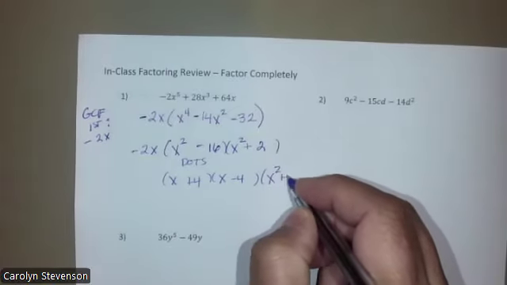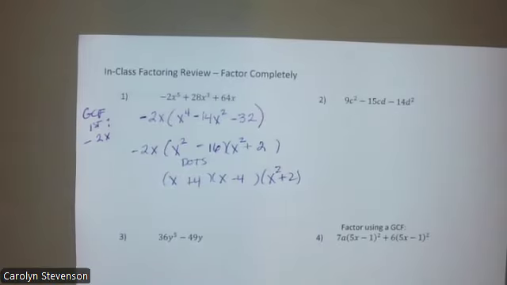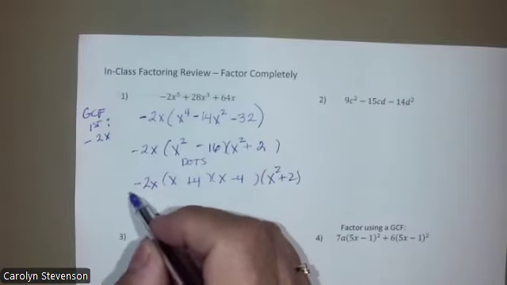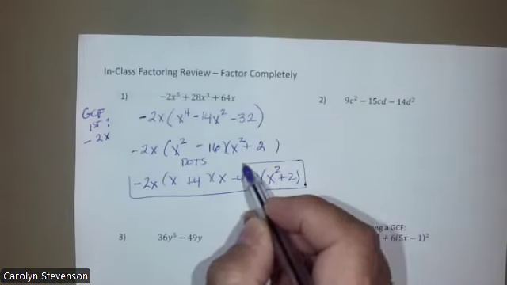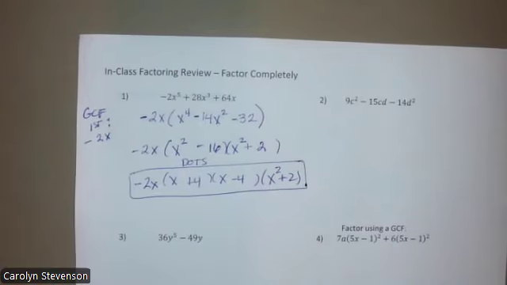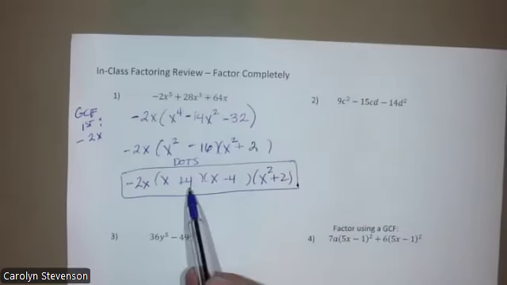It does not factor again because it is not the difference of two squares. And bring down your GCF. So this was a three-step factoring problem. As long as you have all three of these parentheses, it doesn't matter what order you put them in.